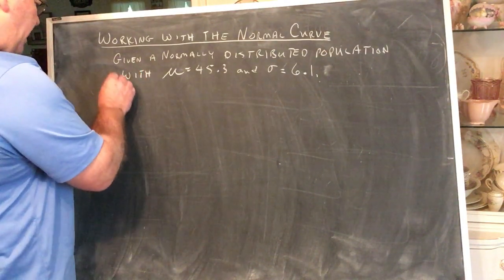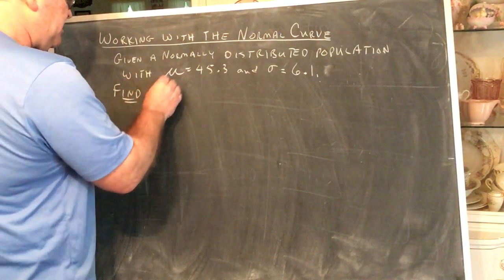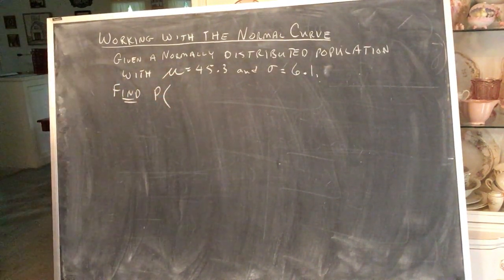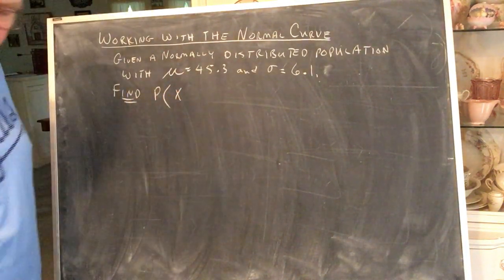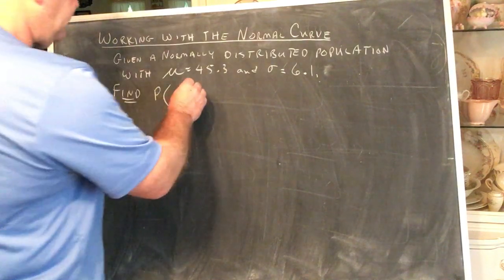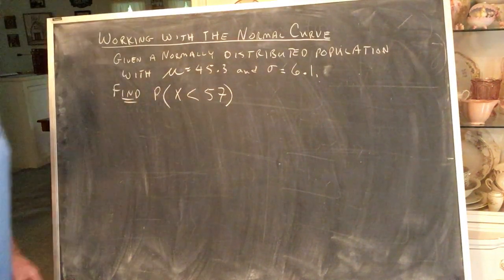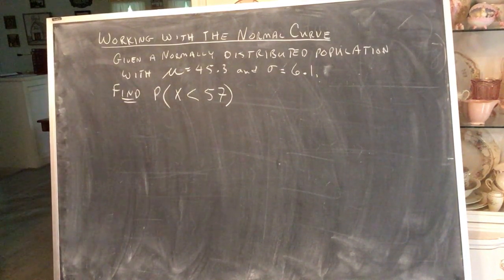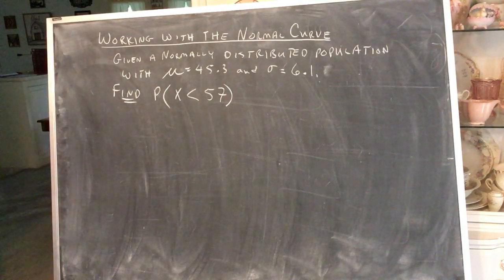And we're asked to find the probability that a data value from the population is going to be less than 57.